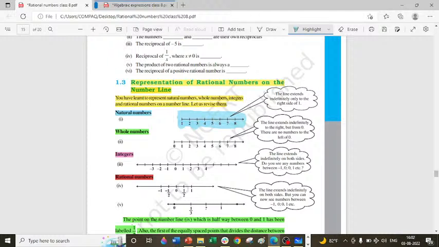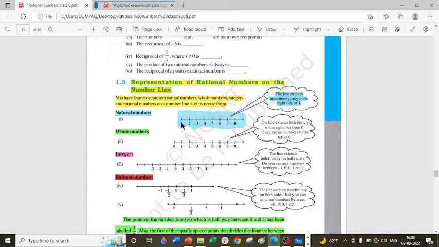Here there's something written in the clouds. Let's check this out. The line extends indefinitely only to the right side of 1, since you can see it has started from 1.